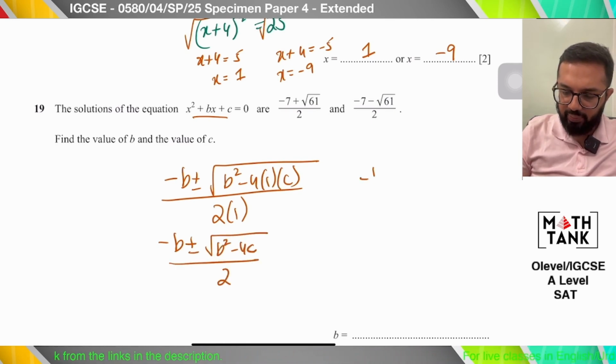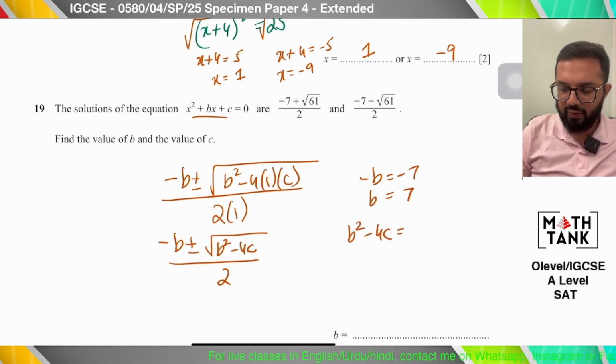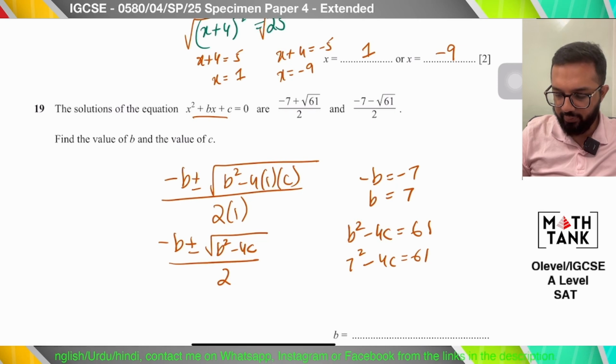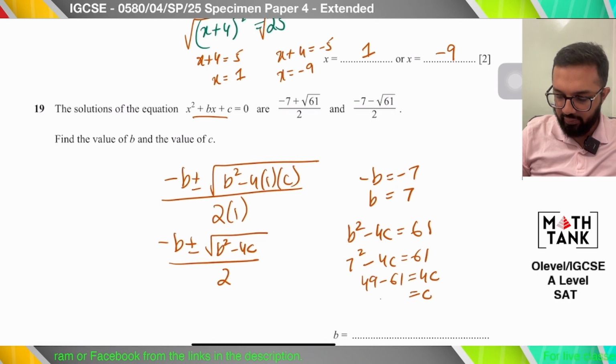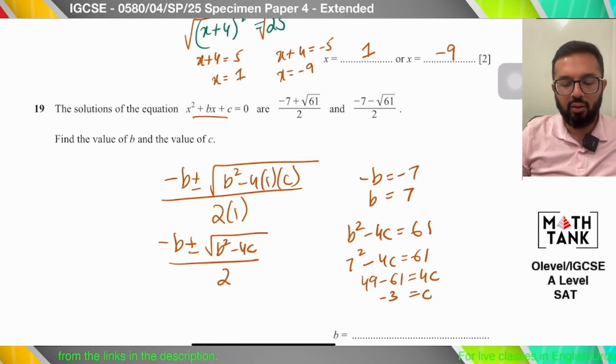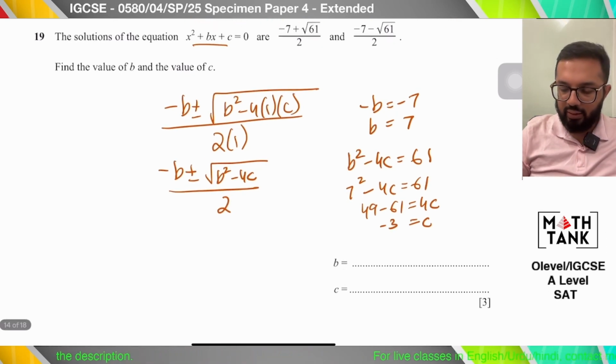So minus b should equal minus 7, so b should equal 7. And b squared minus 4ac should equal 61. So 7 squared minus 4c equals 61. 49 minus 61 equals 4c, and c equals minus 3, I think. If I am correct, yes.